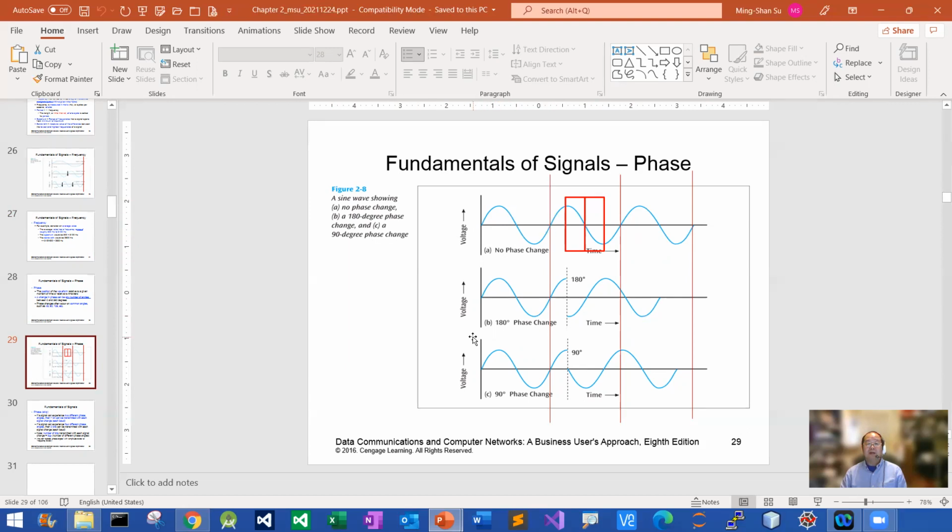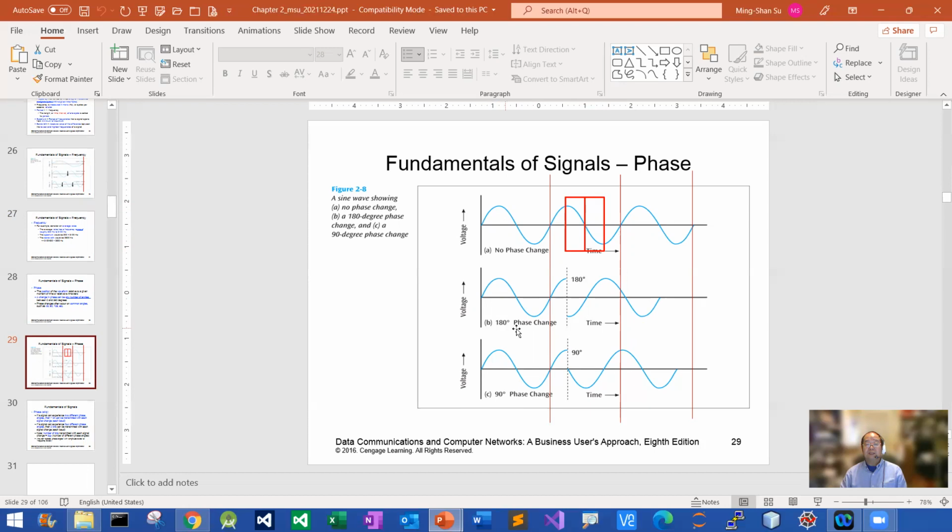How about figure B? You can see that it has a 180 degree phase change. I use this picture here to show the number of degrees. I divide this sine wave into 4 sections: 1, 2, 3, and 4. Here will be 90 degrees, 180, 270, and 360 here.